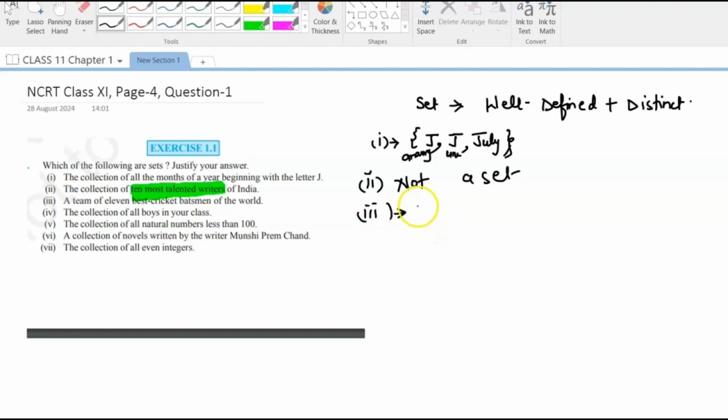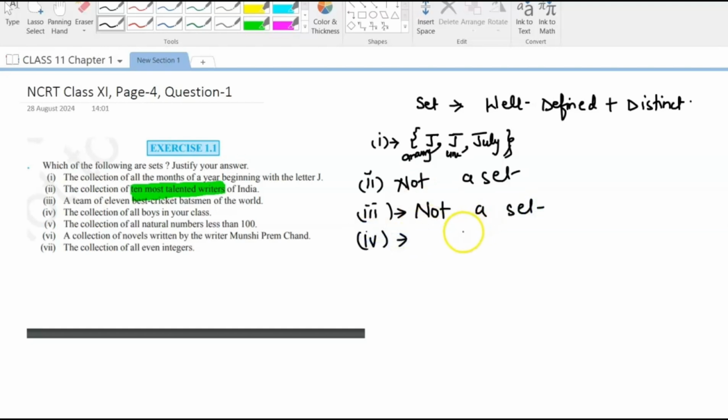So again, it is not well defined. Suppose you would say that Virat Kohli is the best batsman, Rohit Sharma is the best batsman, but for some Australian, it could be a batsman of their country. So it is not a well-defined set. So again, this is not a set.